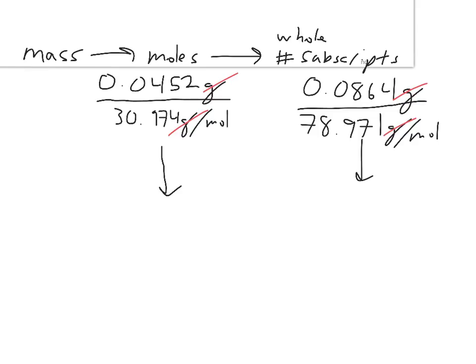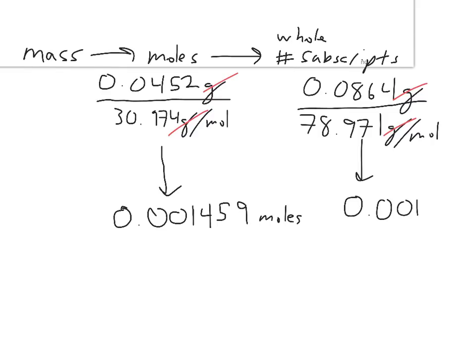This number for phosphorus turns out that we've got 0.00145 moles. Then for selenium, we do that math. 0.001094 moles.